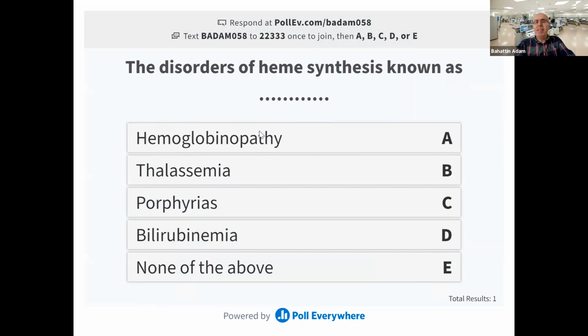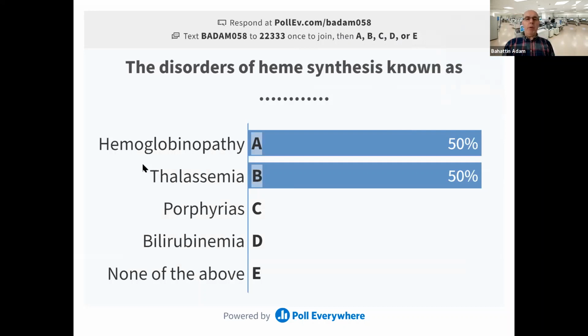Hemoglobinopathies is the correct answer. Thalassemia is the underproduction of the globin. It is related to globin.